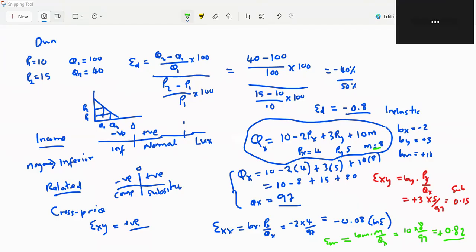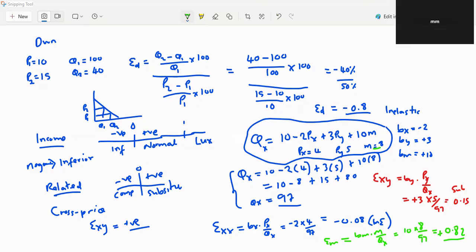If income elasticity is negative, it's an inferior good. Okay, in this case we get positive. So what type of a good is this? It's a normal good. It's a normal good, correct.